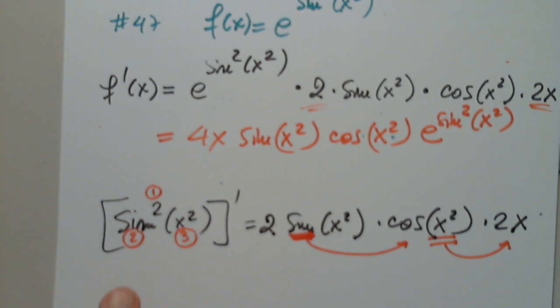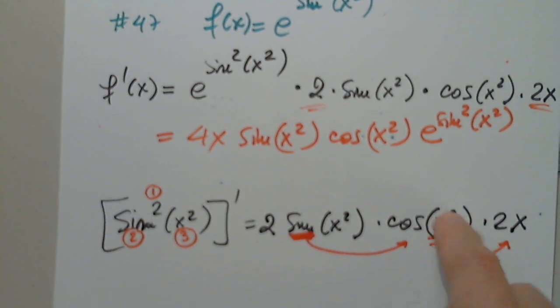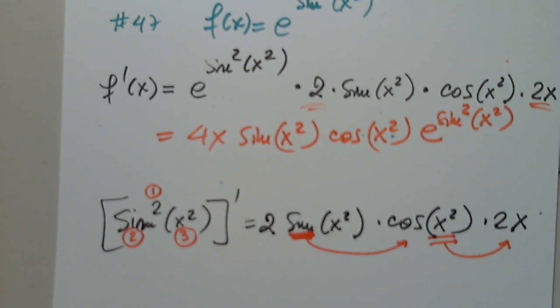So 2 sine to 2 minus 1 times the inner function prime times the innermost function prime. Is this better? Please say something, anyone? Is this better? Yes. Awesome. Okay.